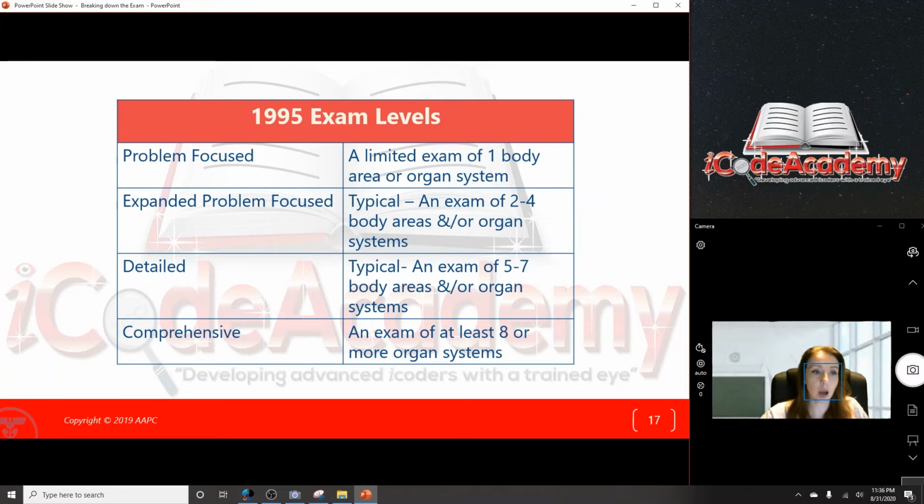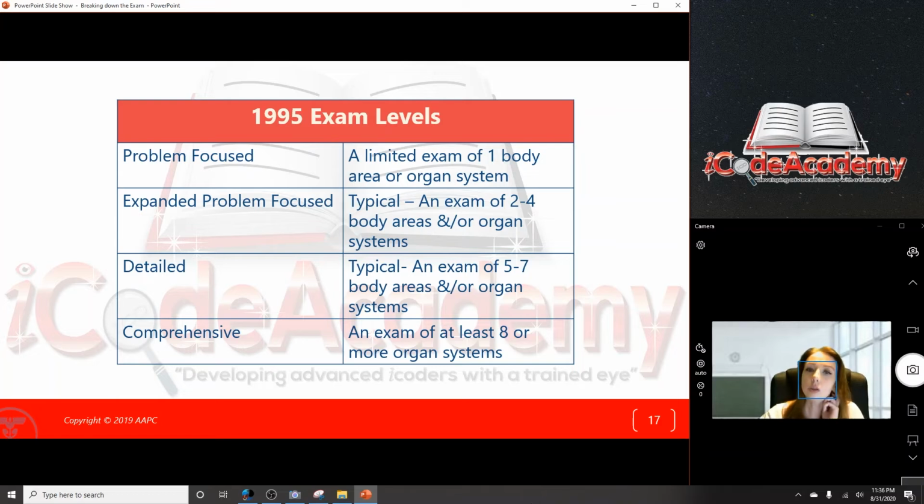We just can't count it when it comes to leveling or justifying the comprehensive level as far as the exam is concerned. So they might have 8 in total, 7 of them are organ systems, and 1's a body area. We can't justify comprehensive because we don't have at least 8 or more organ systems there.